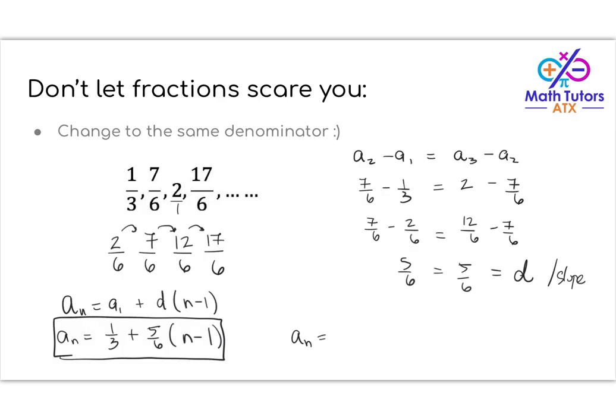Sure. I can use the third term as long as I then put n minus 3. So again, these are equivalent equations here. They are going to give us the same value of a sub n if I put in any different n value. In other words, if I simplify and put this into a y equals mx plus b format, they would have that same b value.